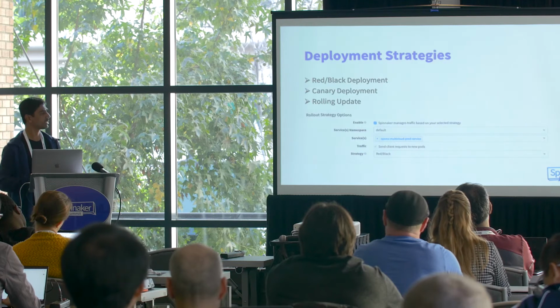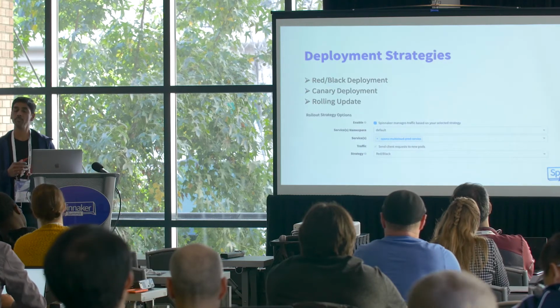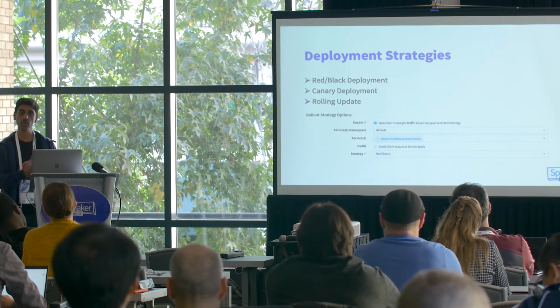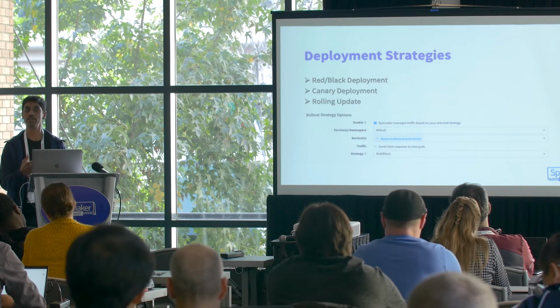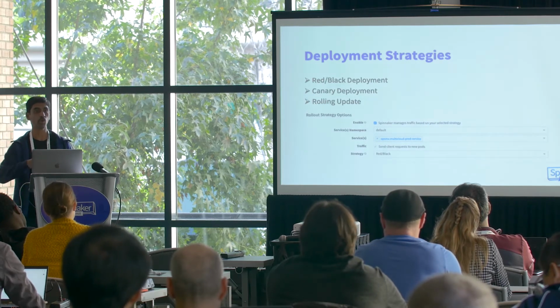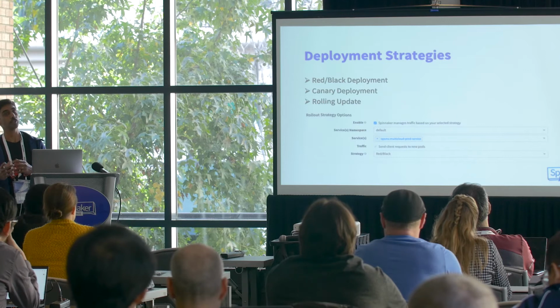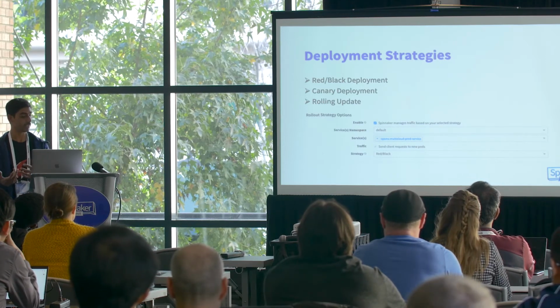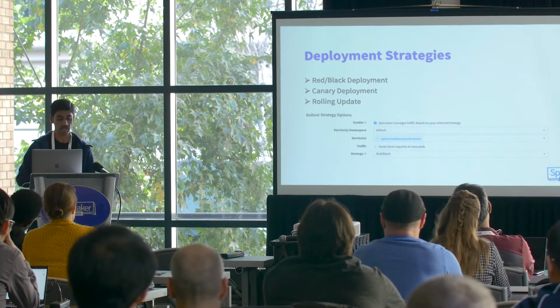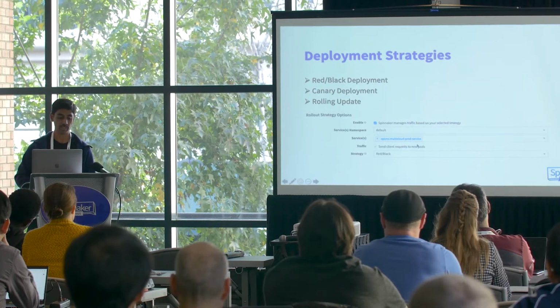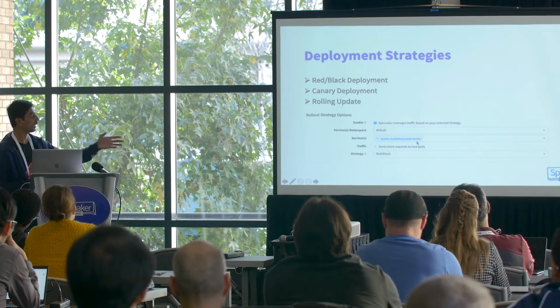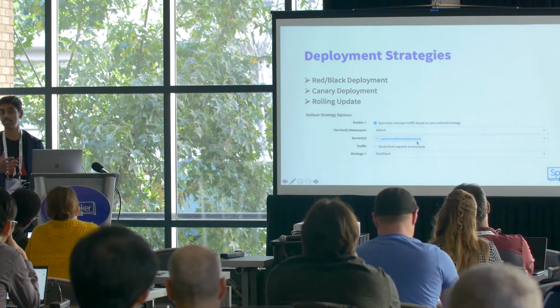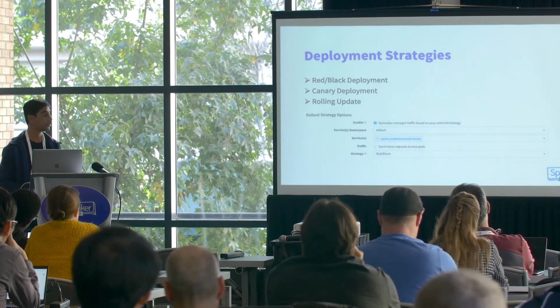With this traffic management, it manages the load balancer settings to the services automatically. In your deployment manifest, you don't have to specify the service it connects to, but you would say, in this particular case, that the OpsMX multi-cloud prod service is the one that manages traffic to my deployment.